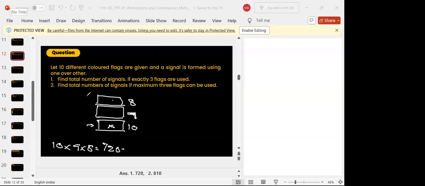Find the total number of signals if a maximum of 3 flags are used.